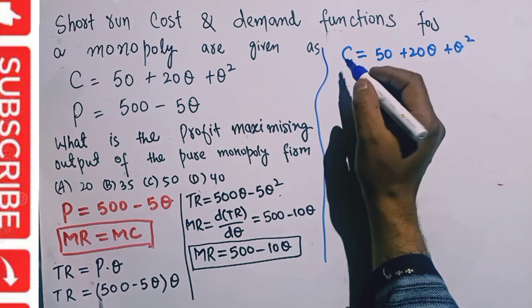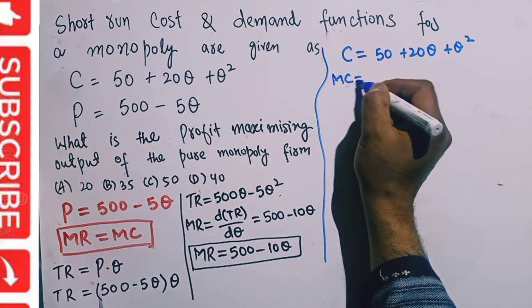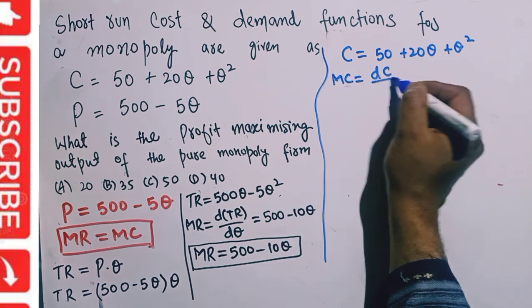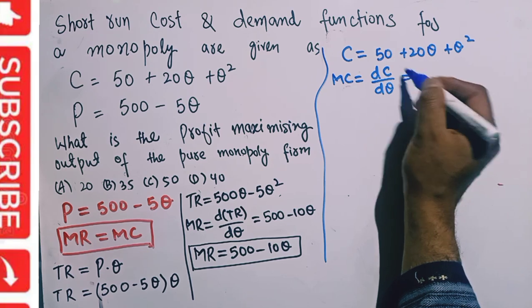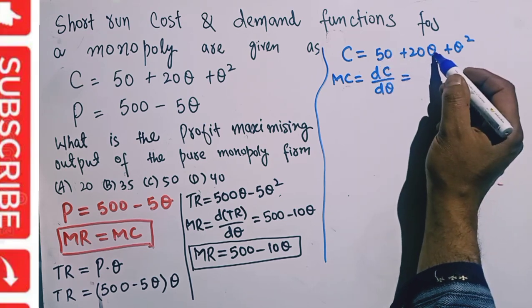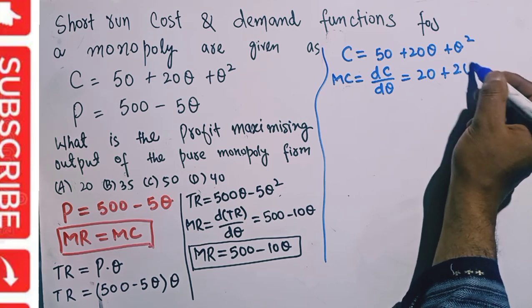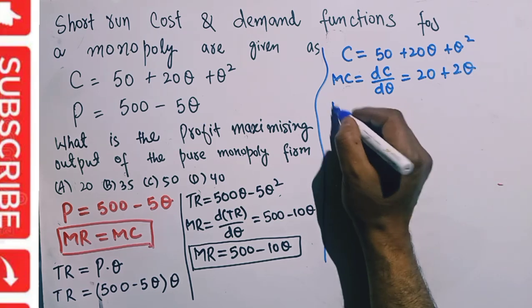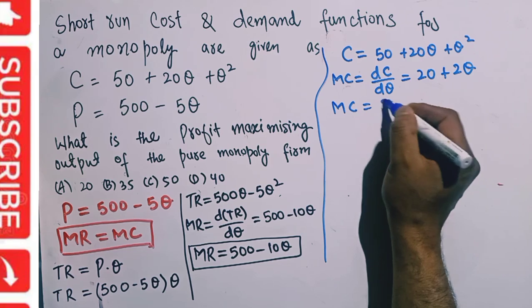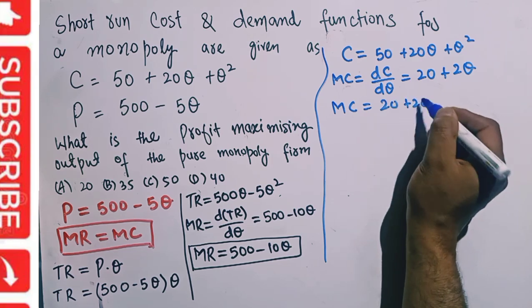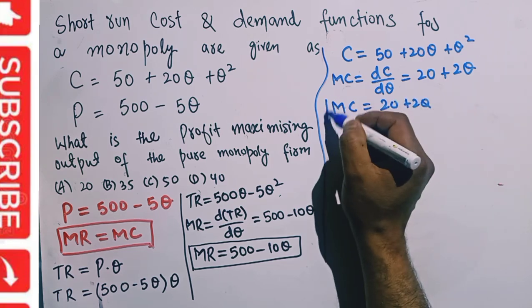Marginal cost is simply the derivative of cost function with respect to output. Derivative of a constant is 0, derivative of q is 1, so we are left with 20, and derivative of q square is 2q. So we are done, marginal cost is 20 plus 2q.